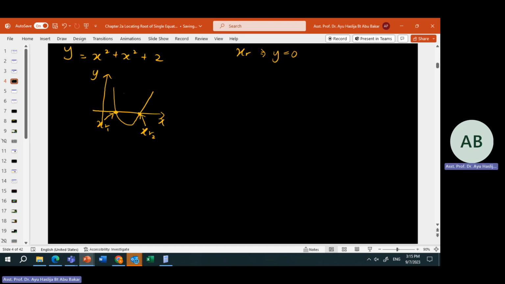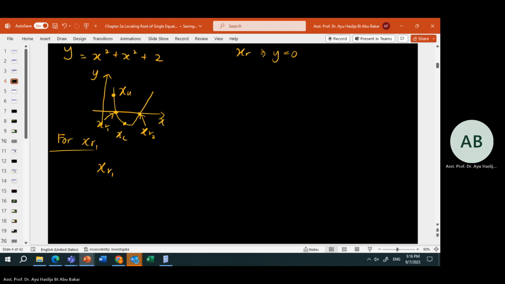XR1, XR2. In this case, it is not always 2. It depends on your equation, and it also depends on how the curve is. So let's say for XR1 over here, it is between XU and XL.